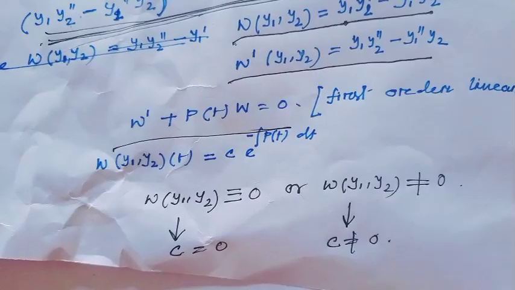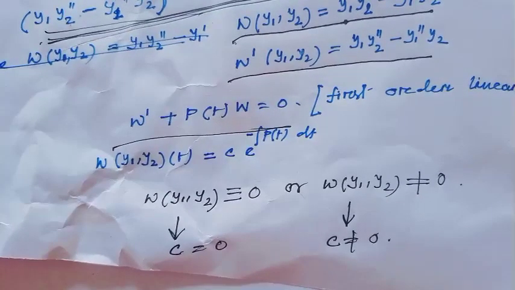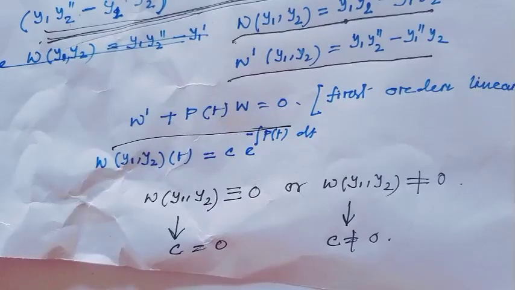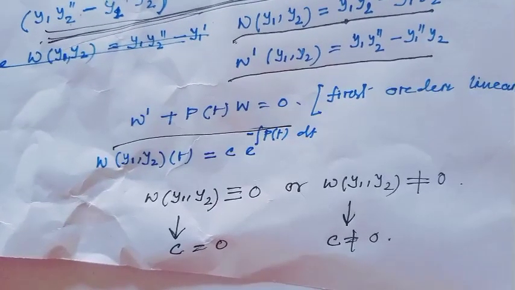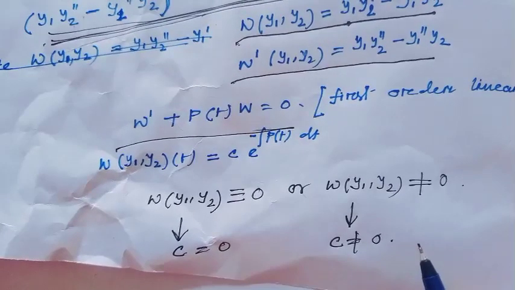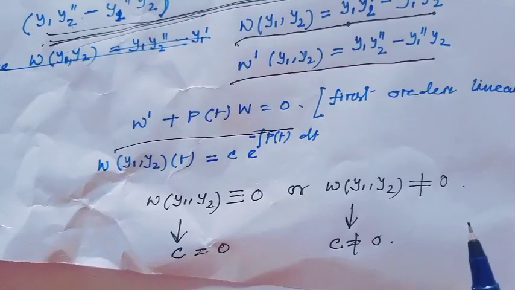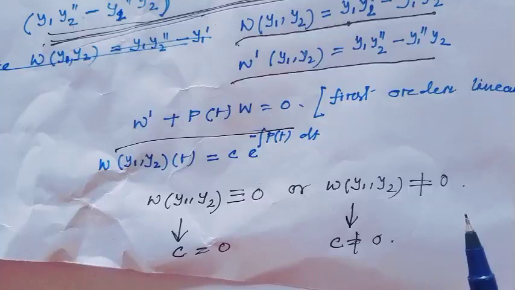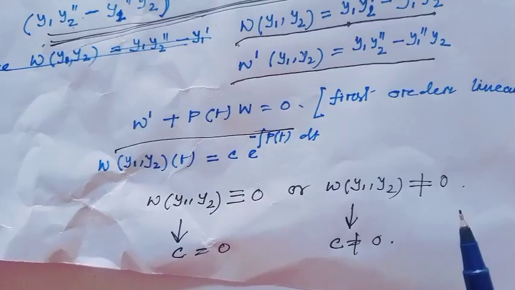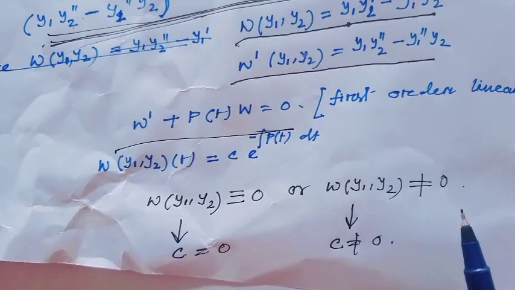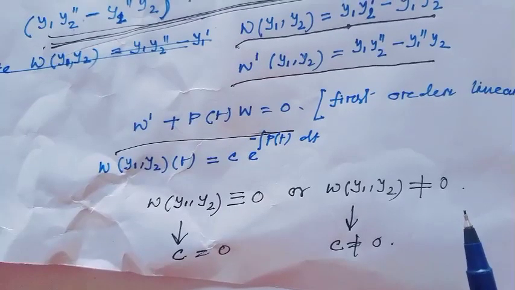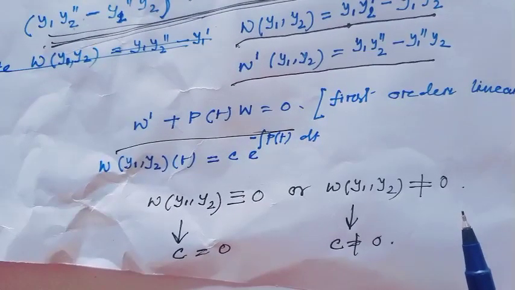That means when the solutions are linearly dependent, then by Abel's theorem I will get the constant c = 0. And when the solutions are linearly independent, obviously the Wronskian of y1, y2 is not equal to 0. And since the Wronskian of y1, y2 is not equal to 0, that obviously implies c is not equal to 0.